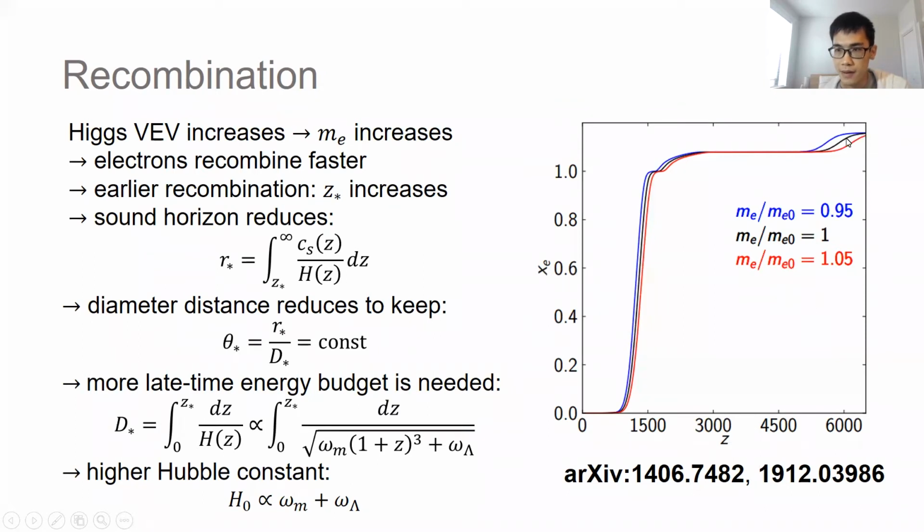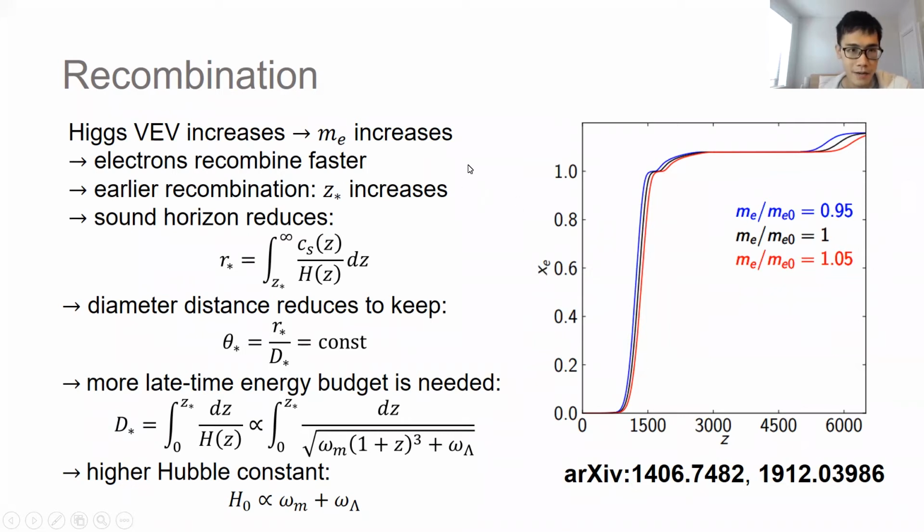The black curve here denotes the standard recombination curve of the free electron fraction, and the red curve is the case where me is increased. As you can see, the recombination of the red curve happens earlier, and so it drops earlier than the black curve.